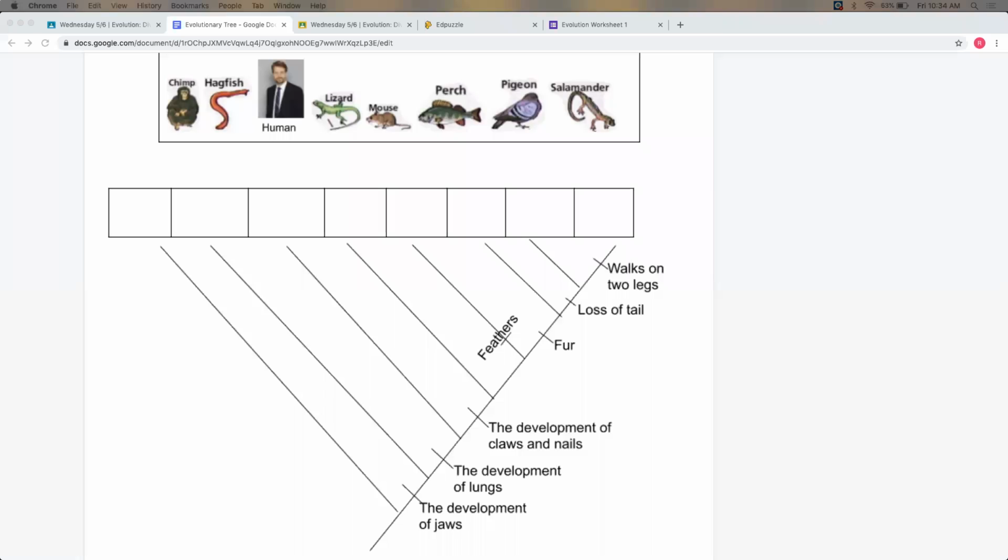So let's take a look at this assignment. You should be seeing an image of your homework, that evolutionary tree homework. Starting all the way down here at the bottom, what you were looking at does look a little bit different from what you saw in your notes. In your notes, you saw one branch in the middle and then branches heading from other directions, going different ways.